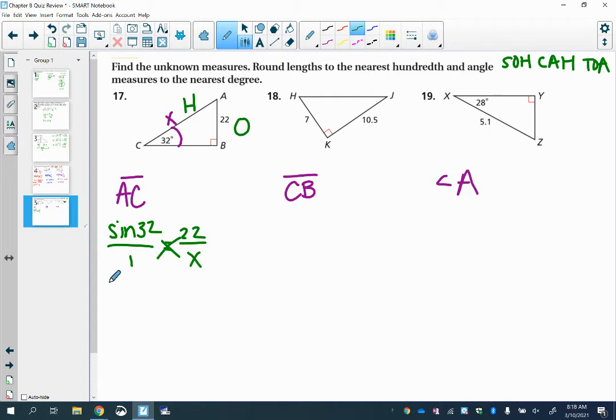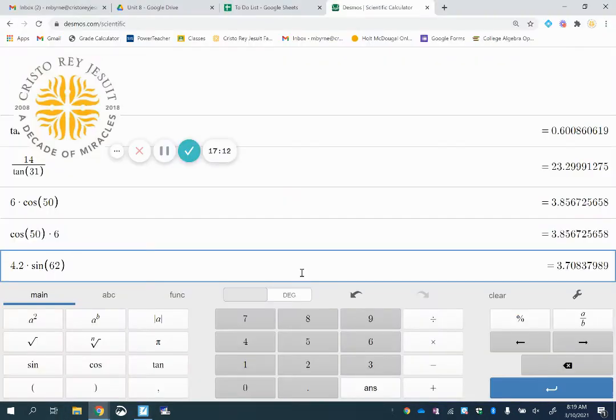Okay, start by doing 1 times 22, which gives me 22, equals sine 32 times x. Divide by sine 32 on both sides. Okay, this one goes away, and I'm left with x equals approximately 22 divided by sine 32.